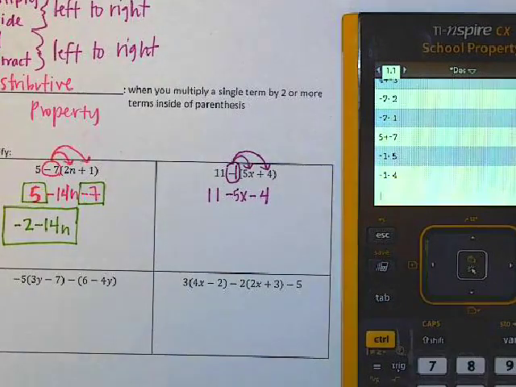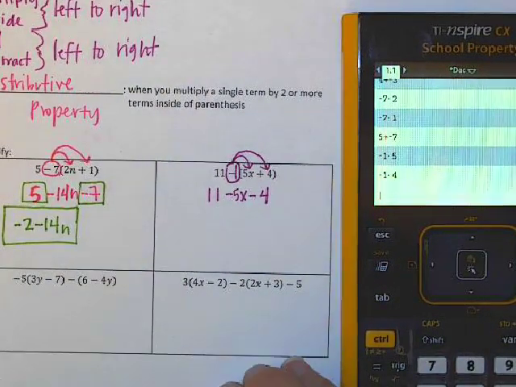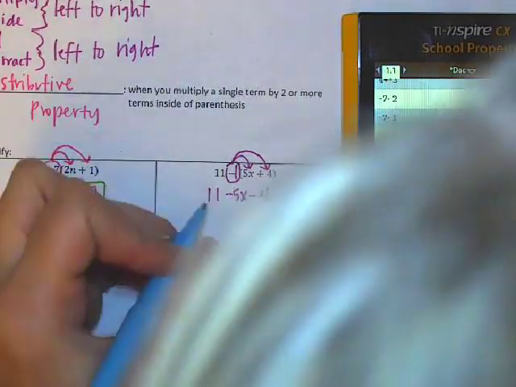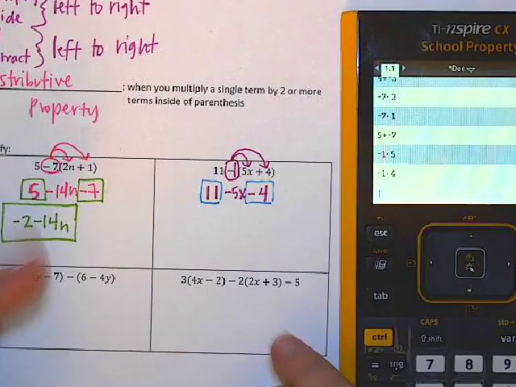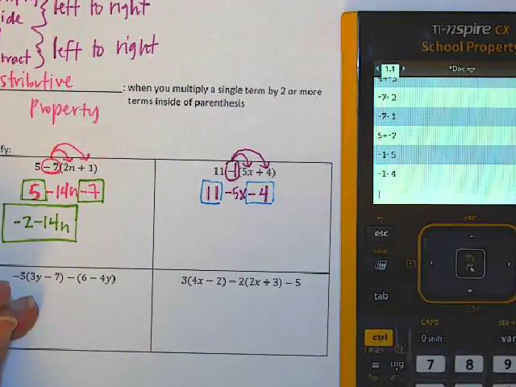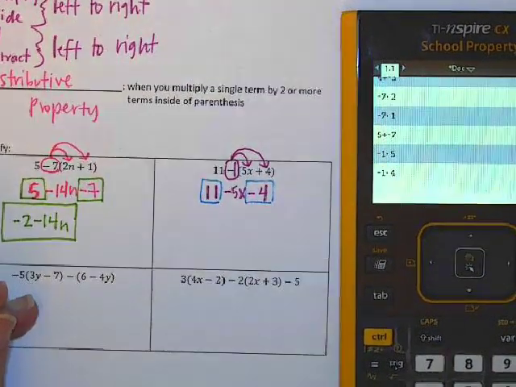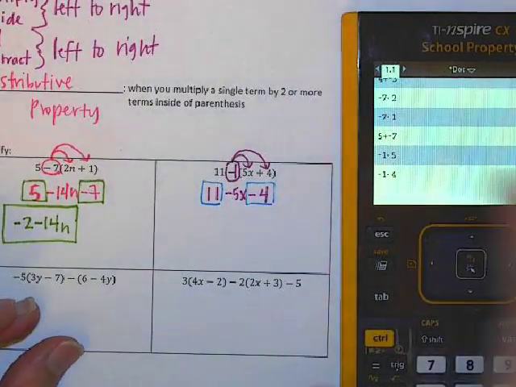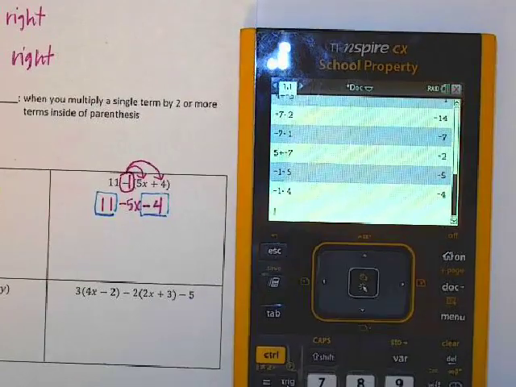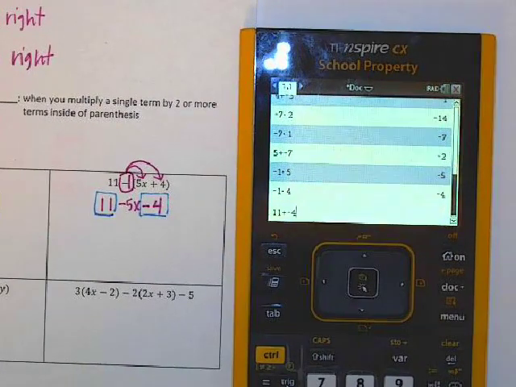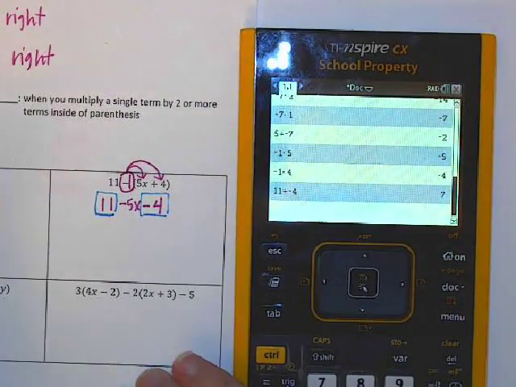All right. Do I have any like terms? Yes, I've got an 11, and its like term is 4. They don't have a variable, so they're the same. And I'm going to combine them. When I combine, I'm going to add. So 11 plus negative 4 gives me 7.